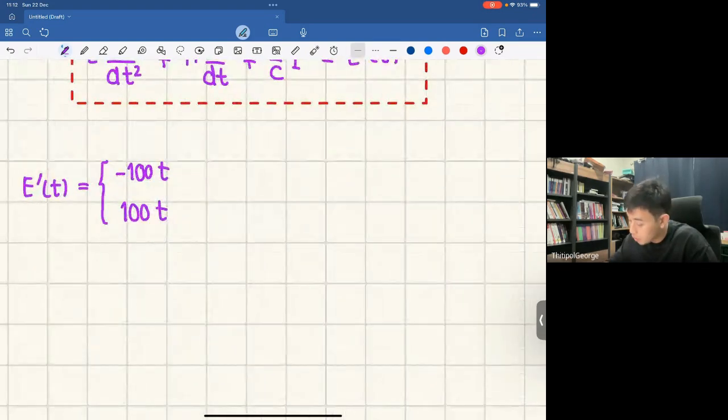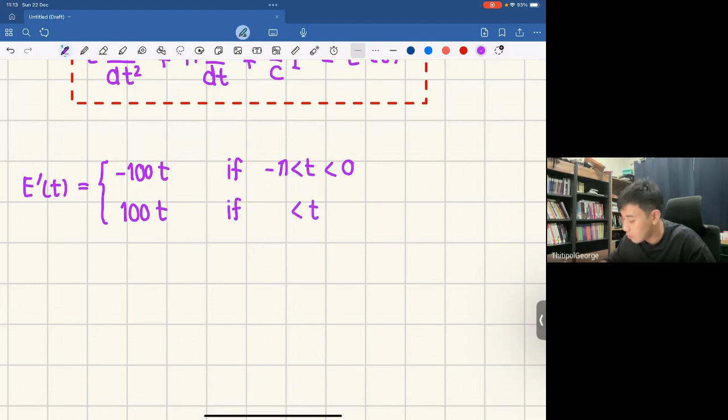The first one is if t is in between negative pi and 0, and the second one if t is in between 0 and pi. So we get this one.